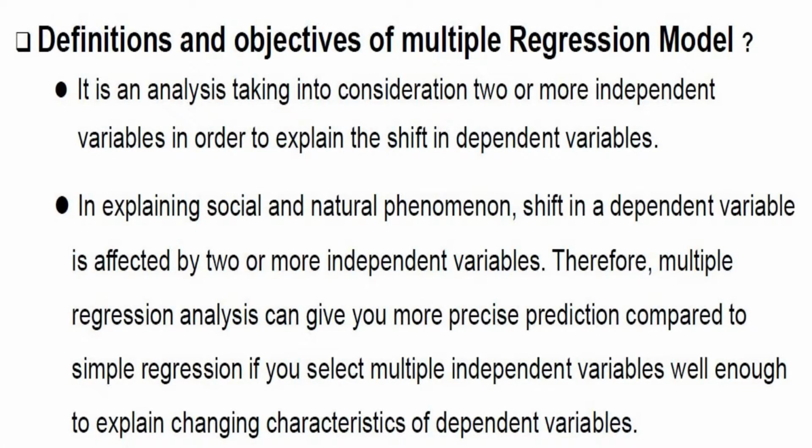In this case, we can use a tool called multiple regression analysis. There are other tools as well, for example best subset regression. You can use best subset regression when you have many variables and you want to look at the best combination for a regression analysis.